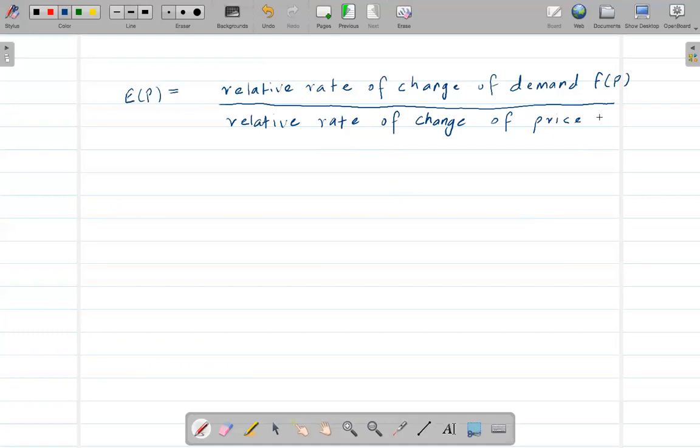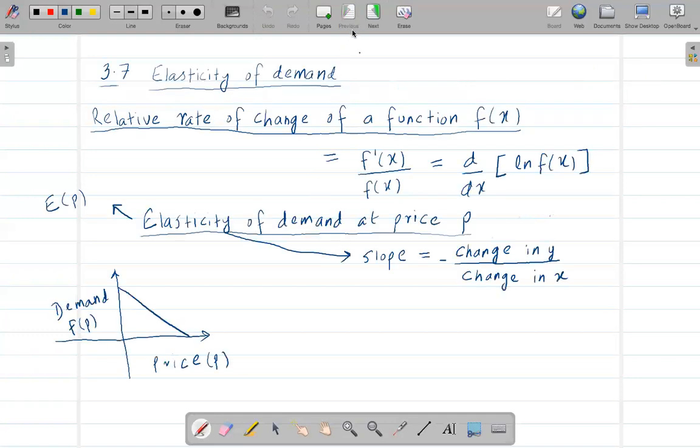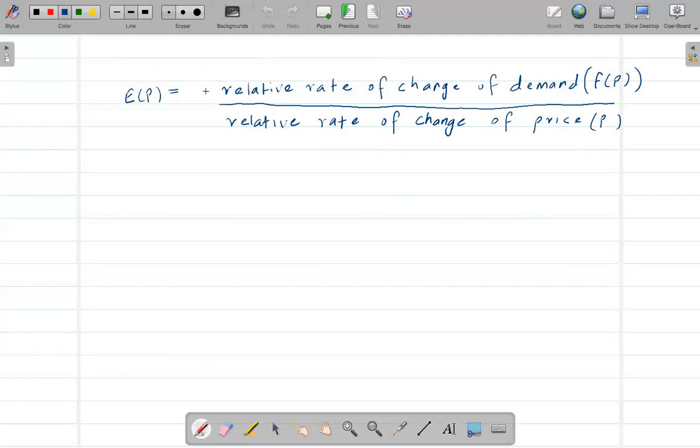So we say price is P, right? We say demand is f of P. We said price is P. And again, since we said the slope is negative, since the line is decreasing, we have to say the same thing here. It's negative.